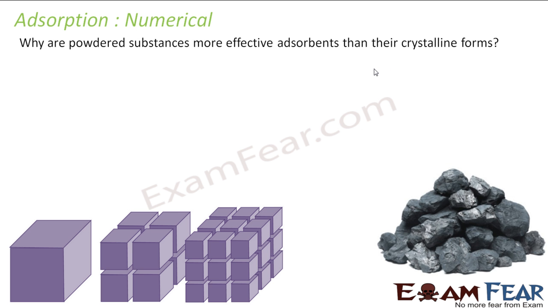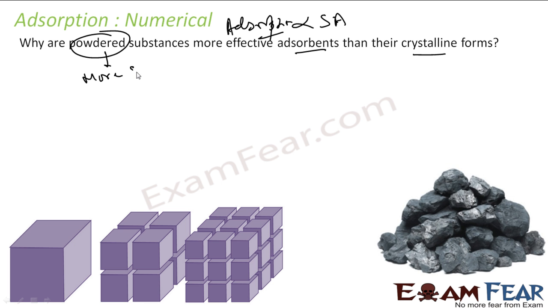The next question is, why are powdered substances more effective adsorbents than their crystalline form? As I told you, adsorption is directly proportional to surface area. The moment it's powdered, the surface area is increased. Powdered means more surface area.